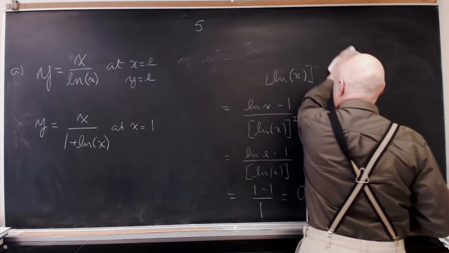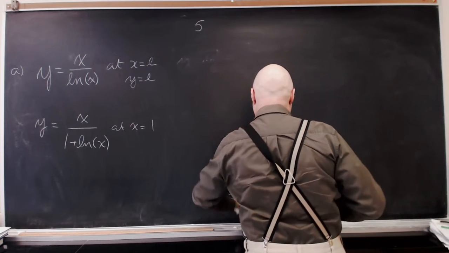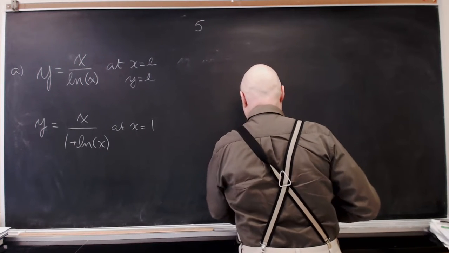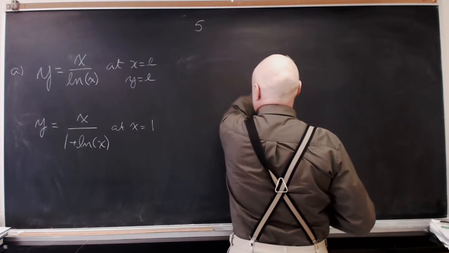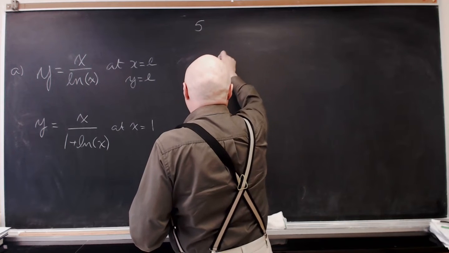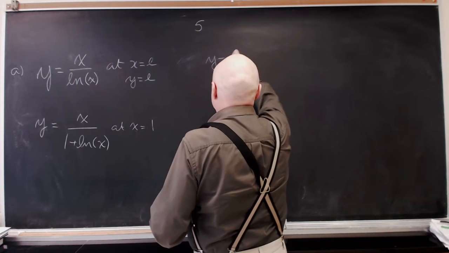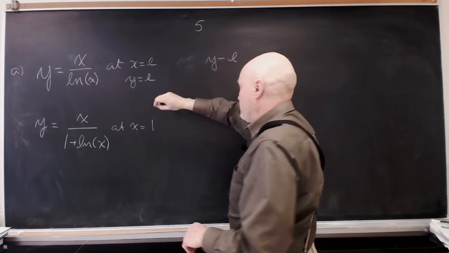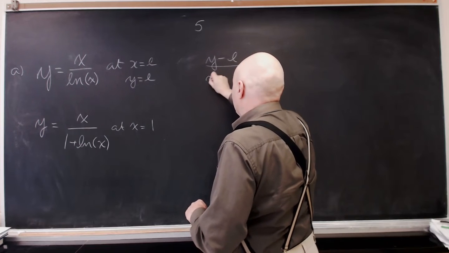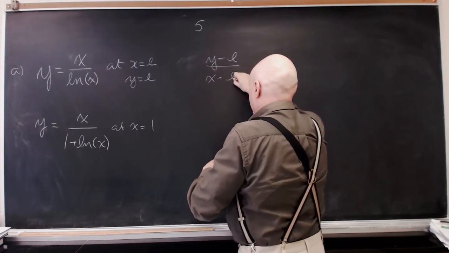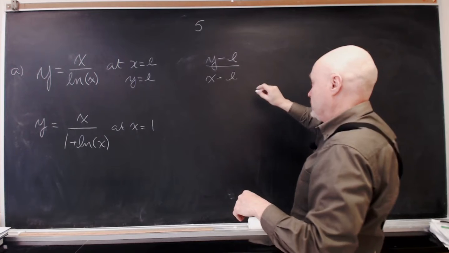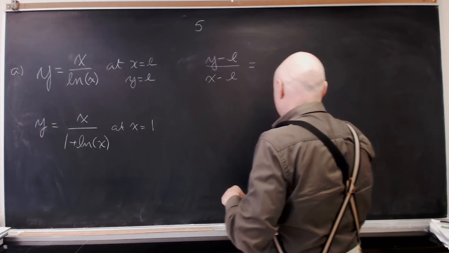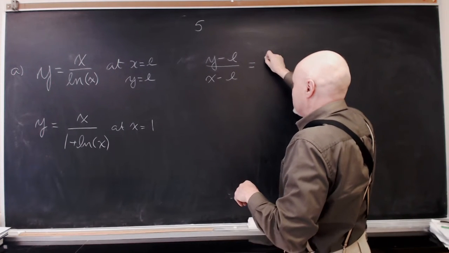Now, the second thing, they're usually using the point slope form of the line, where you say y minus whatever the y coordinate is over x minus whatever the x coordinate is, in this case also the Euler number, is equal to the slope, which in this case was 0.